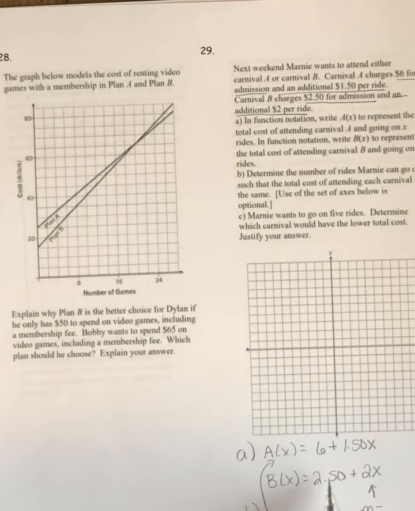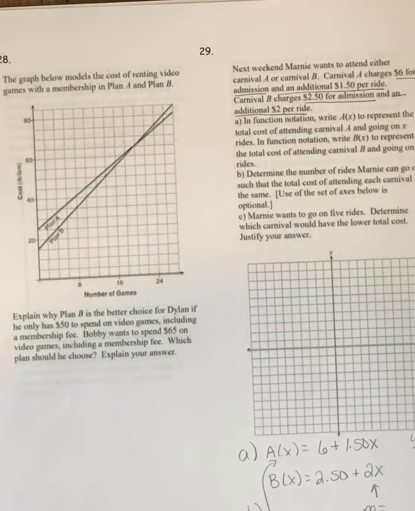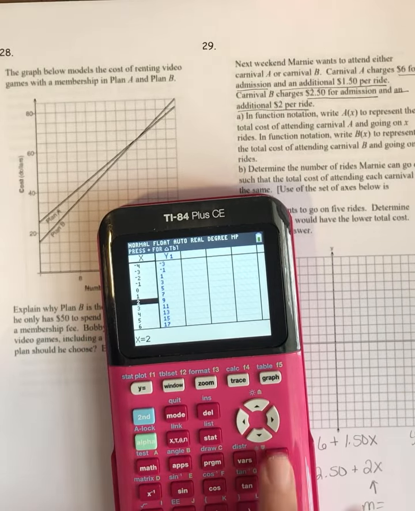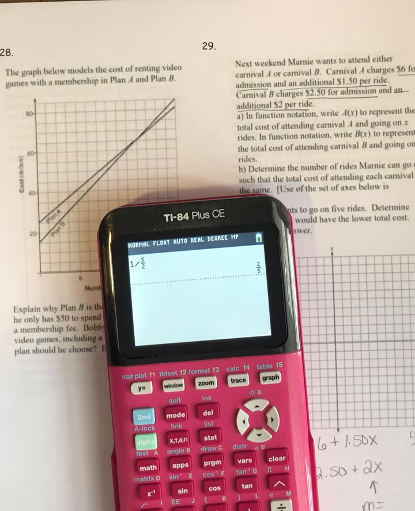Remember, I kind of have these written backwards. The equation is y equals mx plus b. Remember, your m is always what's with your x value. So my m in this one is 1.5. But remember, we want a fraction. So go to your calculator. You can type in 1.5, math, and then the first one is fraction.